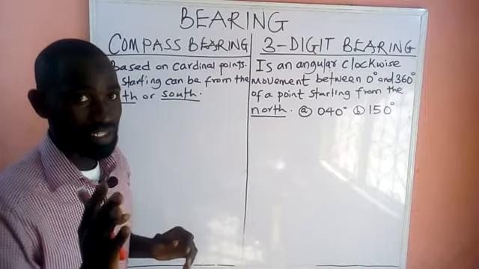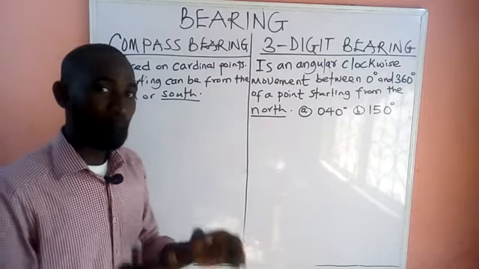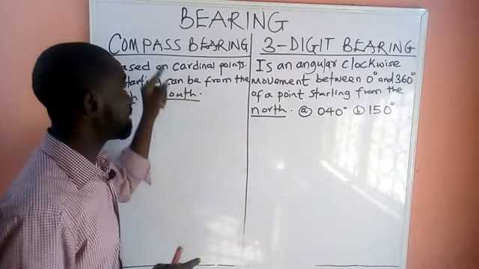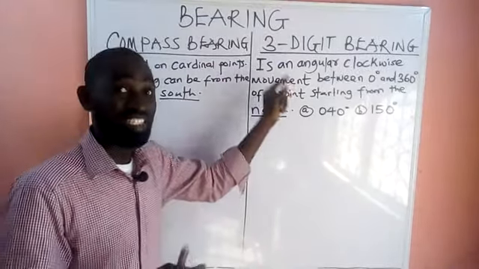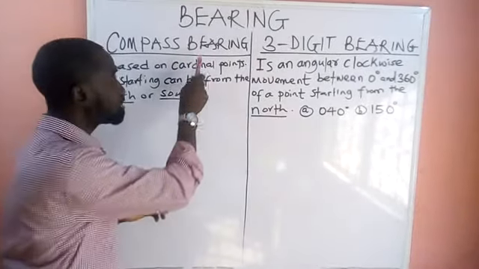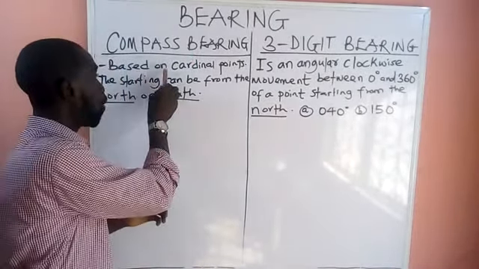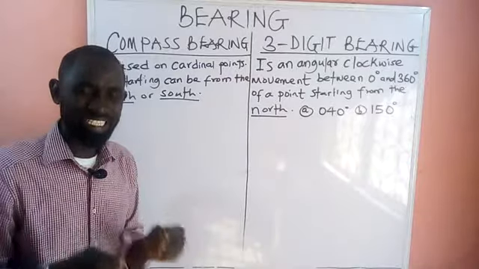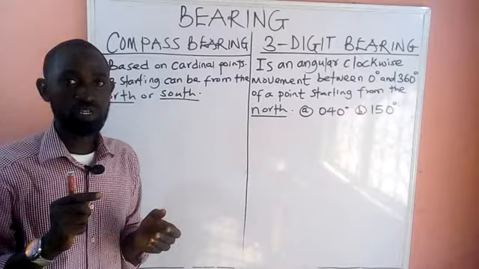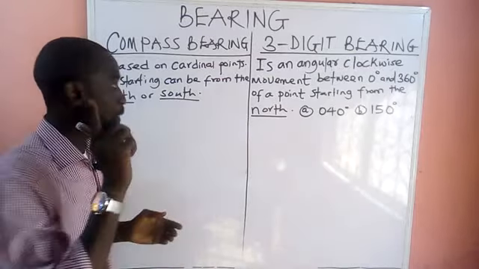Now, the question is, what is the major difference between a compass bearing and a three-digit bearing? Look at this, class. Compass bearing is based on what we call the cardinal points: north, west, south, and east.